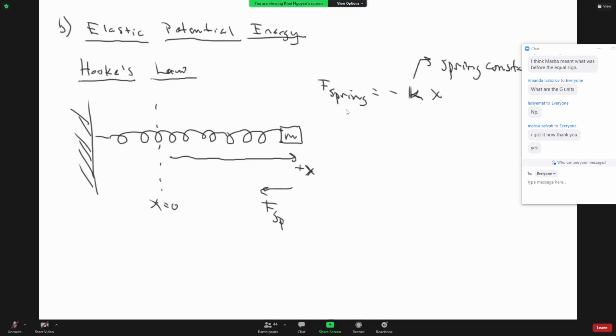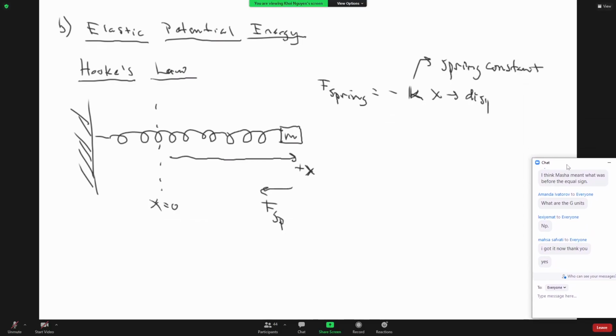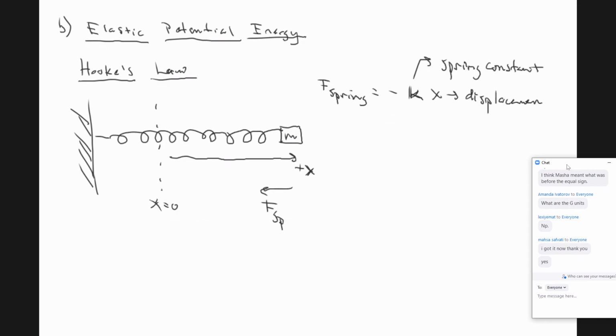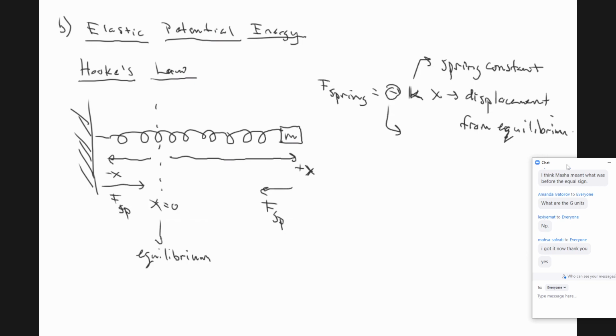And x is displacement from equilibrium. x equals 0 is equilibrium. So wherever we move it, if we compress the spring, a negative x displacement, the force is going to be acting in the opposite direction. That's what this negative is. I call that my restoring component.